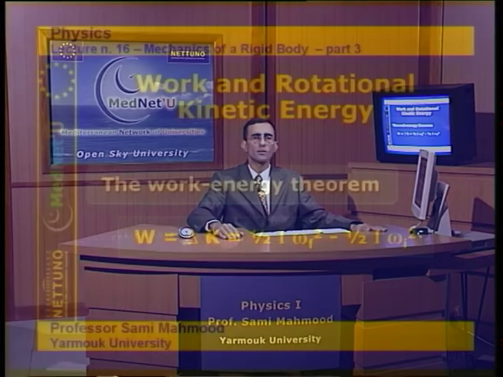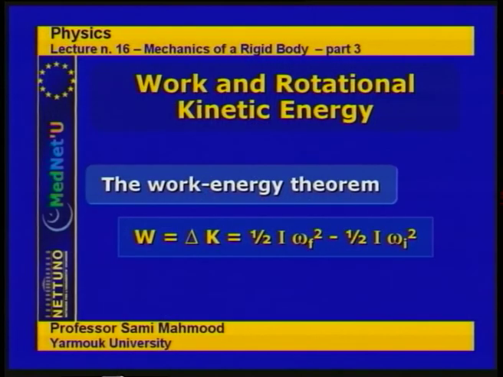If we calculate it, we will find a statement similar to the statement that we had found with respect to motion in the translational sense. That statement is the work energy theorem. As we noticed in deriving the kinetic energy for the body, we used the translational kinetic energy 1/2 mv squared for each part of the body.